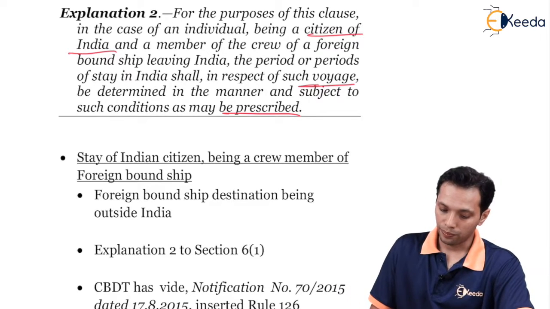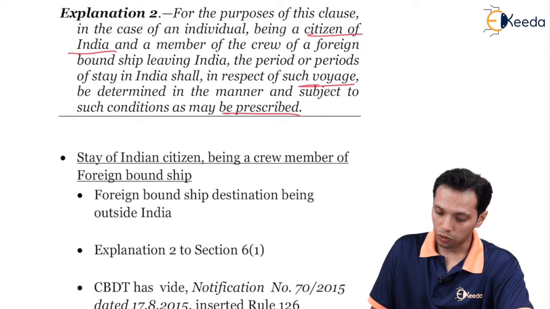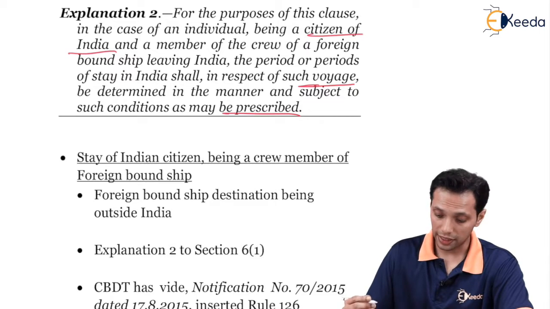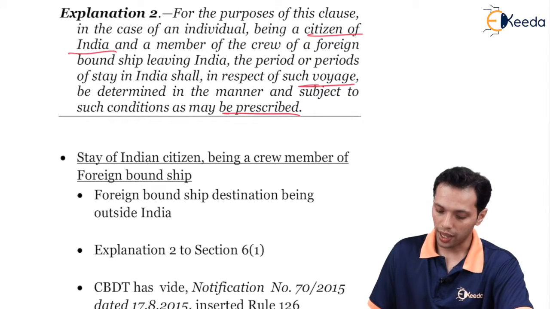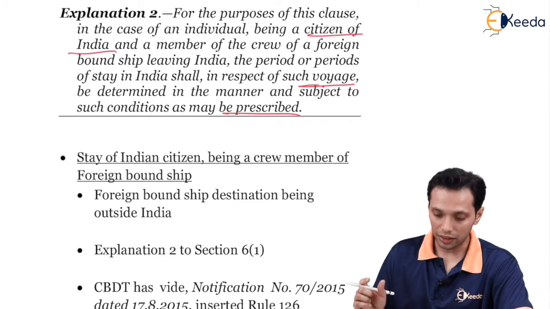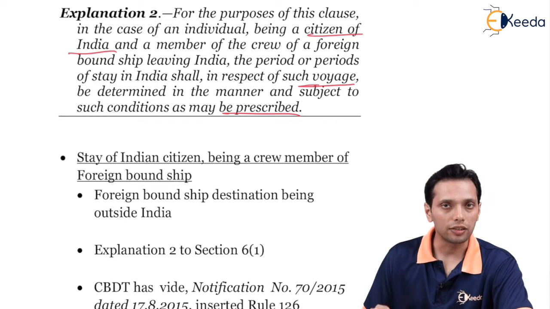So the stay of an Indian citizen who is a crew member of a foreign bound ship, destination being outside India. Explanation 2 to section 6(1). So Explanation 2 to sub-section 1 of section 6, this is what we have read just now. And there is a CBDT circular which has inserted Rule 126 in this regard.